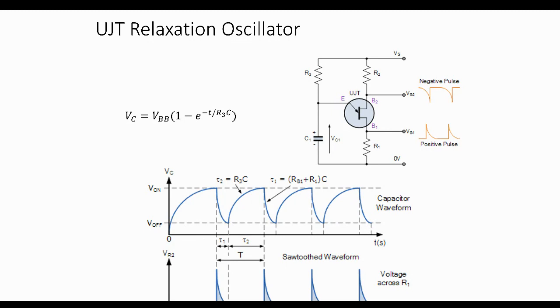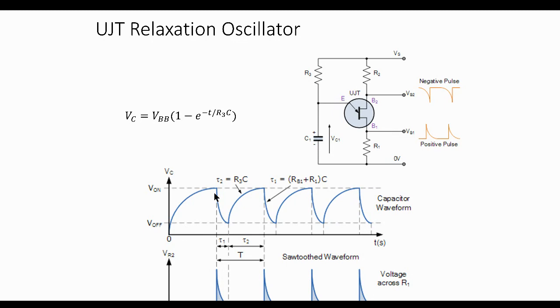If we look at the output, this is where we have the output. As this device fires, you notice it fires at precise points, and that's where you have the pulse being formed. Look at the voltage across R1, that would be the positive set of pulses that you have.